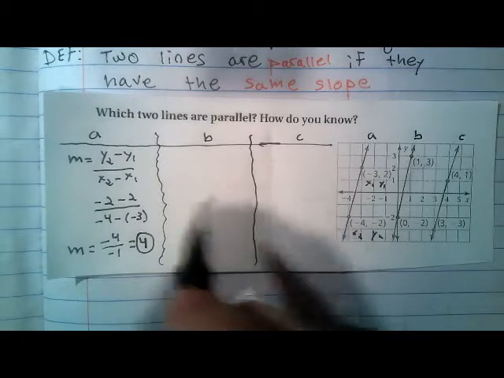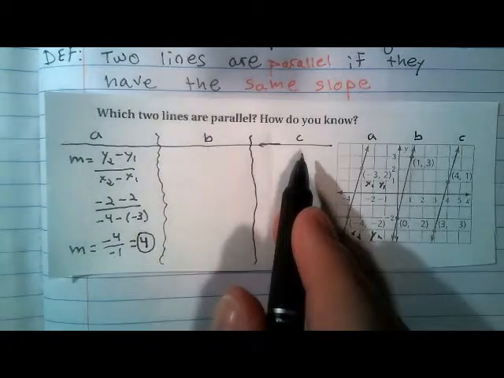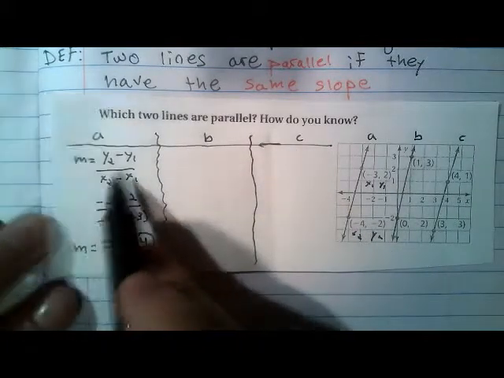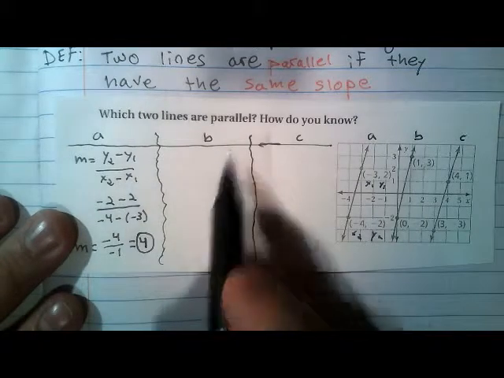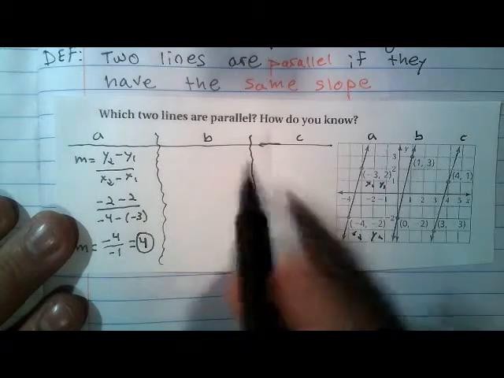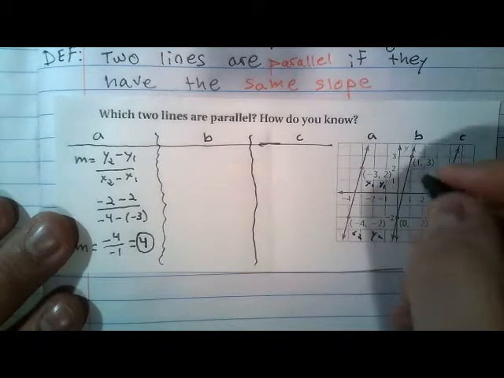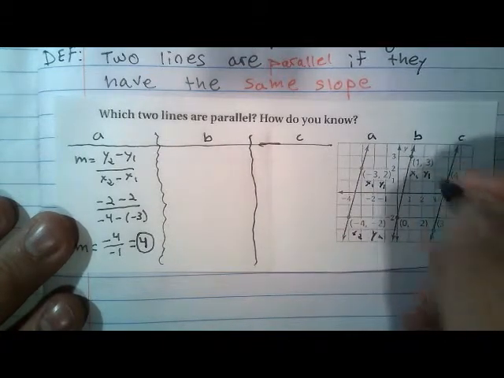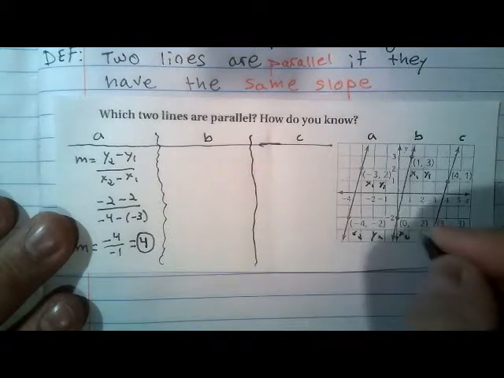Okay, let's go over the slope for B and C. Now I'm not going to rewrite this formula here, I'm just going to show my work because I have the formula right here. It doesn't make sense to keep writing it down. For line B, I have an x1 and a y1, an x2 and a y2.